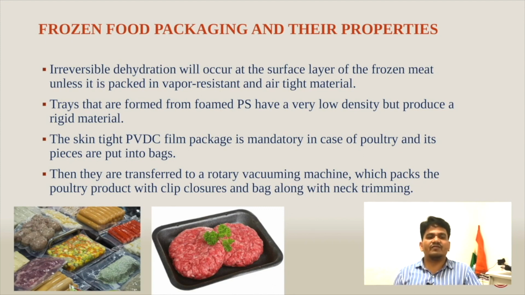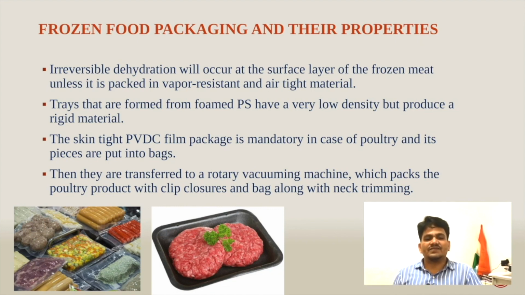Trays formed from foamed PS have very low density but produce a rigid material. The skin tight PVDC film package is mandatory in the case of poultry, and its pieces are put into the bags.